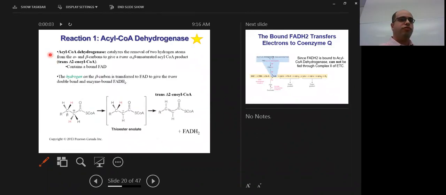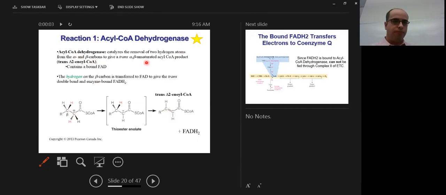So the first reaction is the acyl-CoA dehydrogenase. And so this will catalyze the removal of 2 hydrogen atoms from the alpha and beta carbon. So remember that alpha carbon is the first carbon after the carbonyl, and the beta is the second one. And so we're going to end up with a trans alpha beta unsaturated acyl-CoA product. So we have this double bond here between that alpha and that beta carbon, and it is in the trans location.